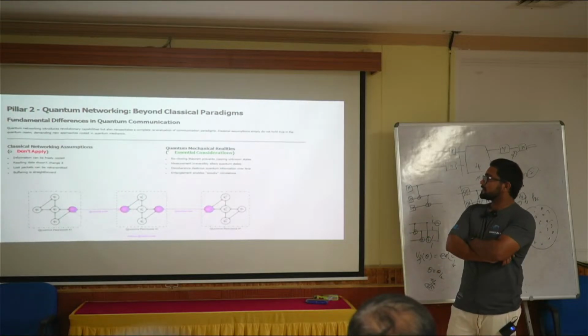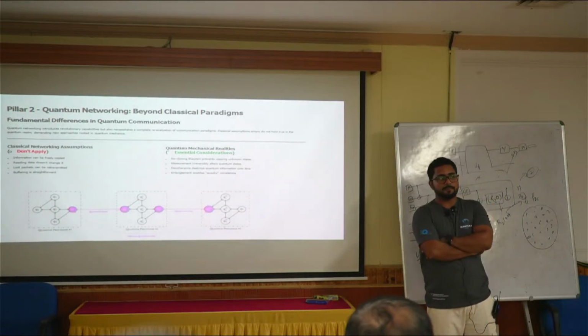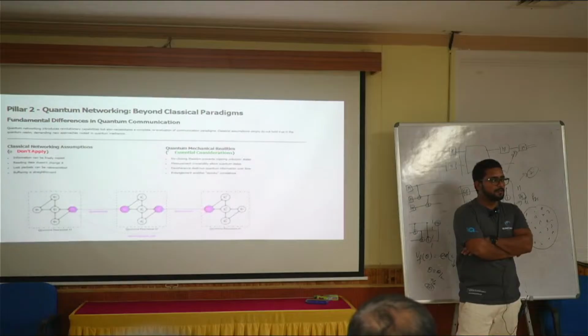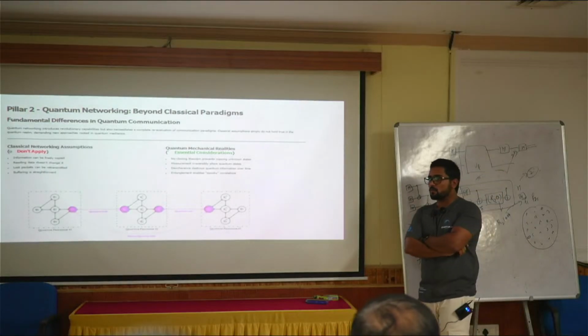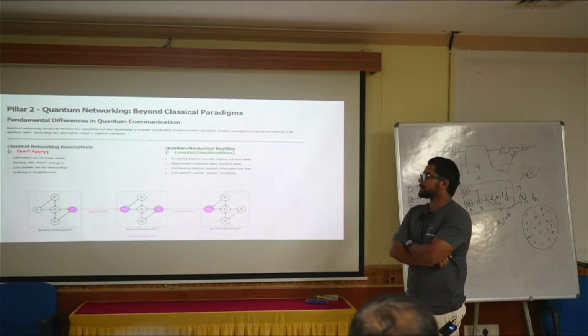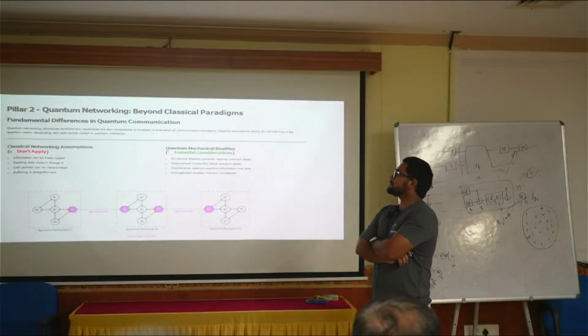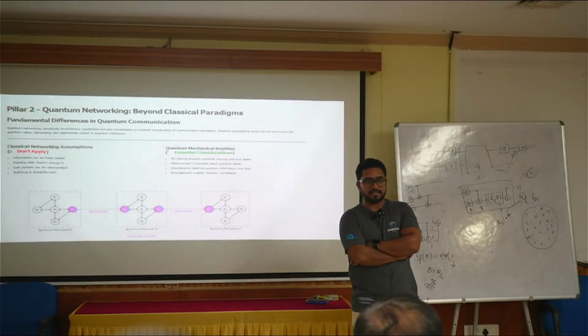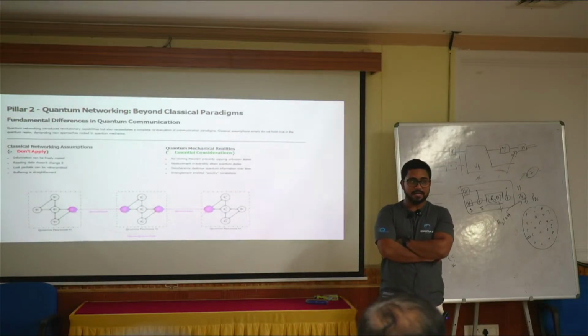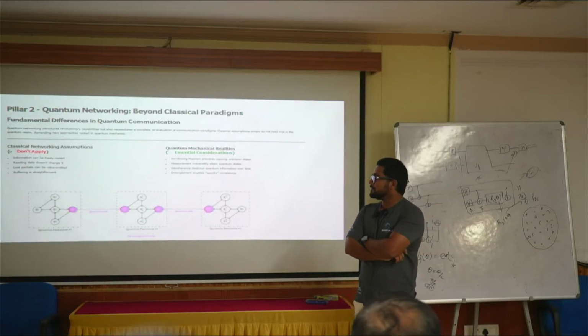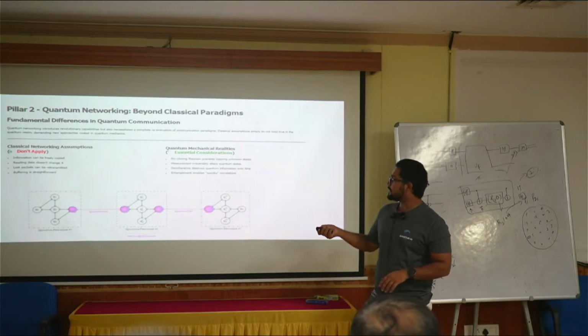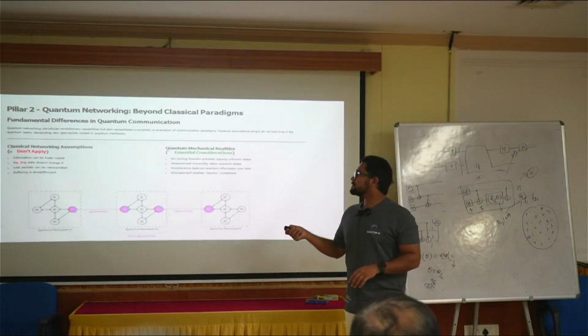Now we'll discuss the network. Quantum networks will play a very significant role in distributed quantum computing. There is a difference between classical networks and quantum networks. I already discussed a few of them in the previous session; now we'll discuss them again in a little more detail.